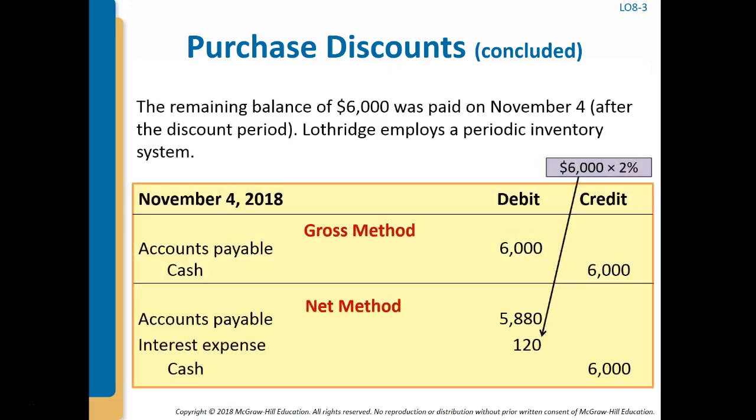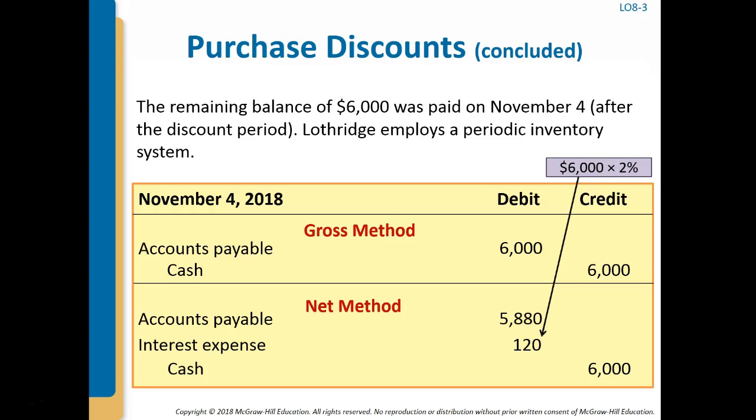So for payments made after the discount period, cash and accounts payable are decreased by the gross amount originally recorded, which is $6,000 under the gross method. Under the net method, the discount not taken is recorded as interest expense for $120, which is 2% of $6,000.